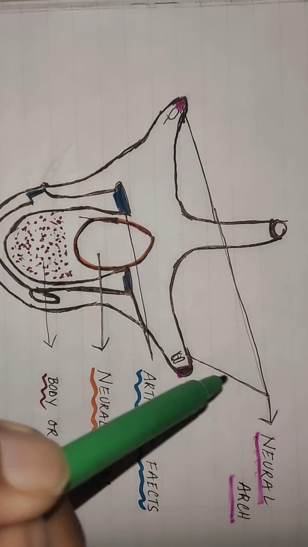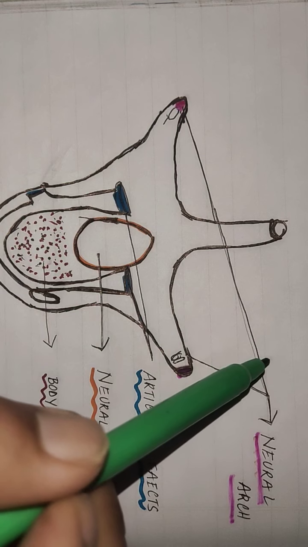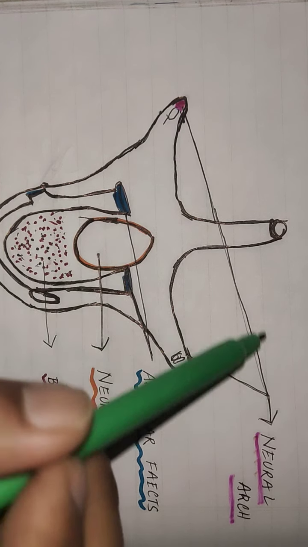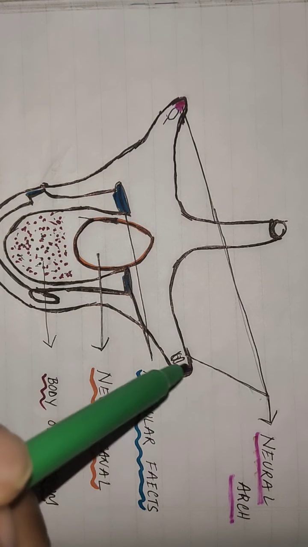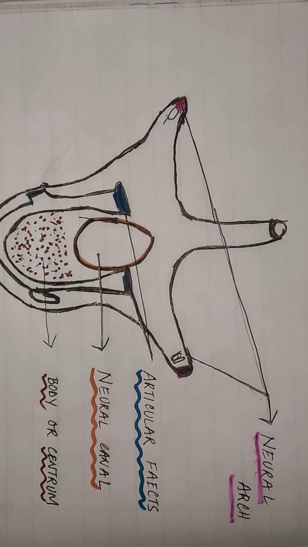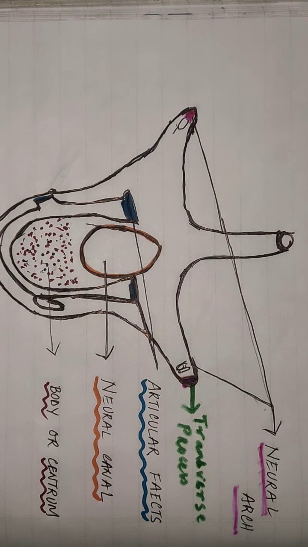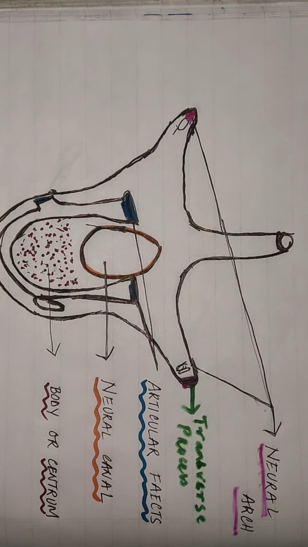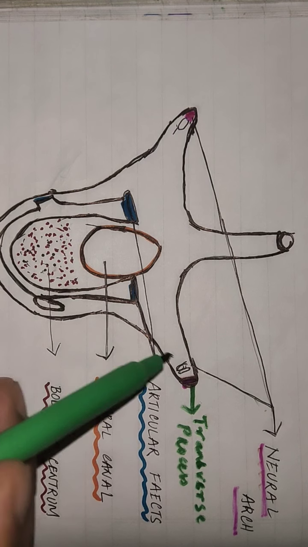Two neural arches arise from the centrum, from the body.